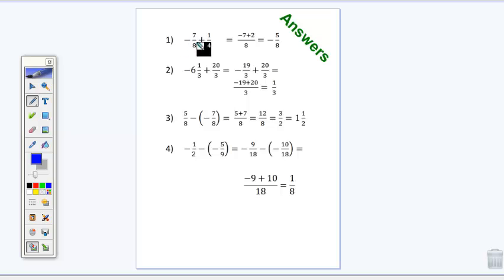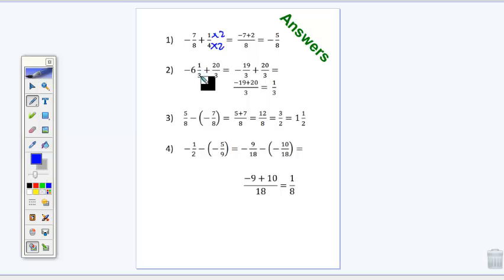Number one, negative 7/8 plus 1/4. First thing we had to do, of course, was get the LCD. So we had to multiply by 2, and that's how this becomes 2/8. When we combine them together we get negative 7 plus 2 over 8, and negative 7 plus 2 is negative 5 over 8.